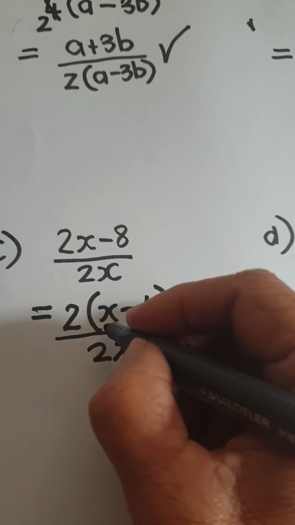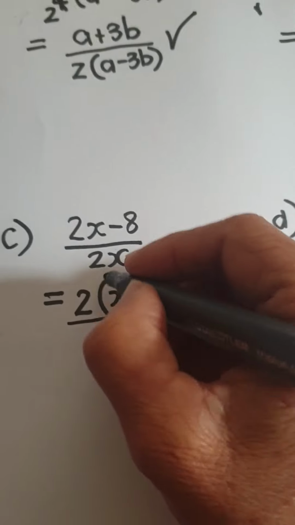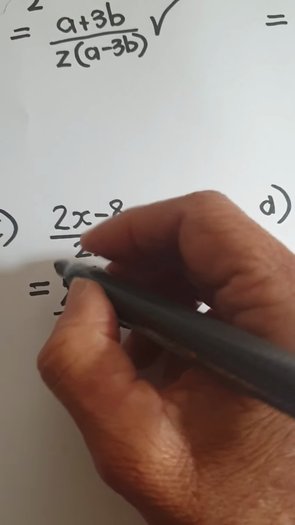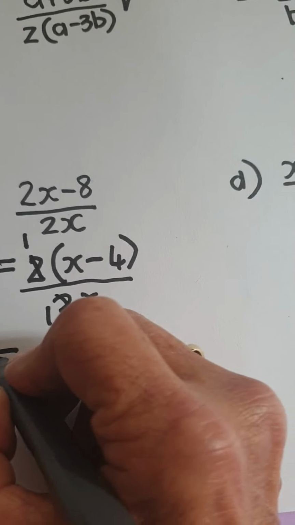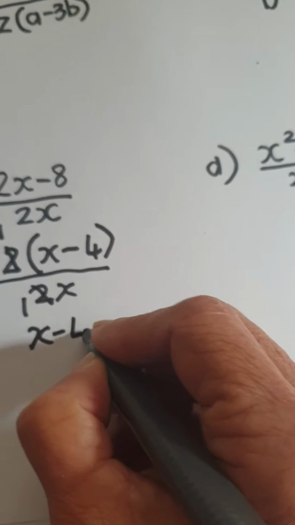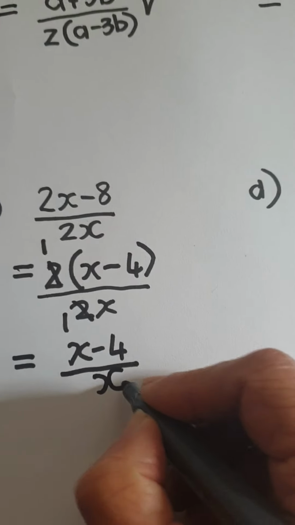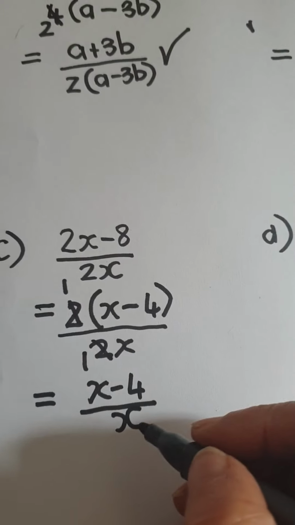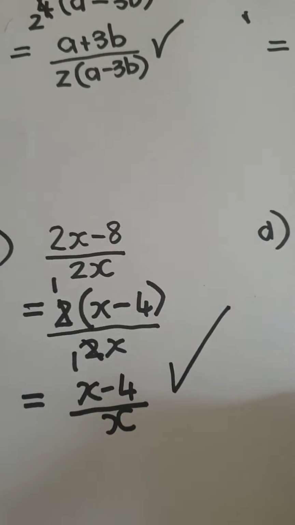So I'm going to divide the denominator by 2, 2 going into 2 once, and the numerator by 2, 2 going into 2 once, and I'm going to get an answer. 1 times the bracket, which is x minus 4, over the denominator of x. And I'm done. There's nothing else I can do, and it is simplified.